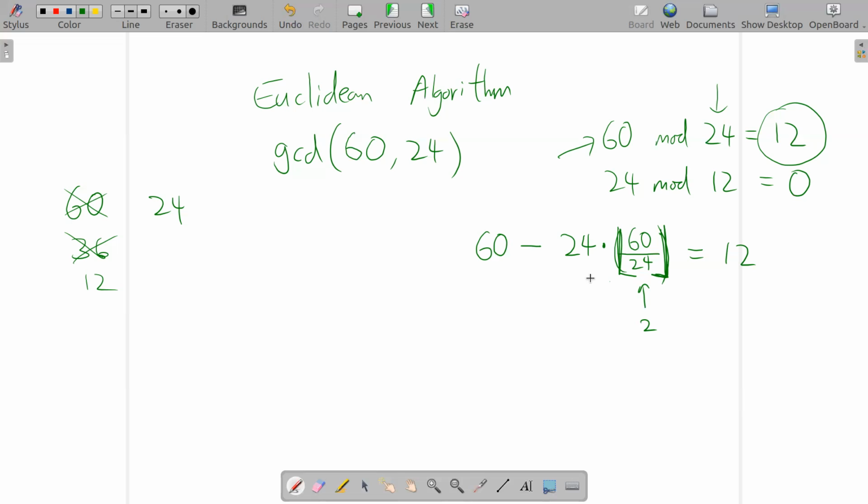So it's big O of the number of digits in your inputs, which is not very big, of course. In this case, the numbers are at most 32 bits, so basically big O of log of 32, or something like that. Does that make sense?